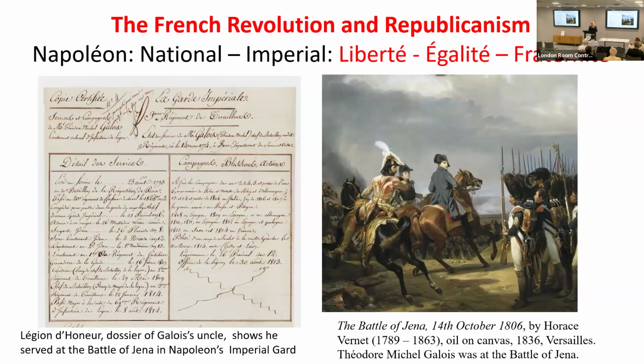Because what we see here is a very famous painting by Vernet, Maurice Vernet. It's a scene from the Franco-Prussian War. In particular, the Battle of Jena, which was the deciding battle, led by Napoleon Bonaparte.